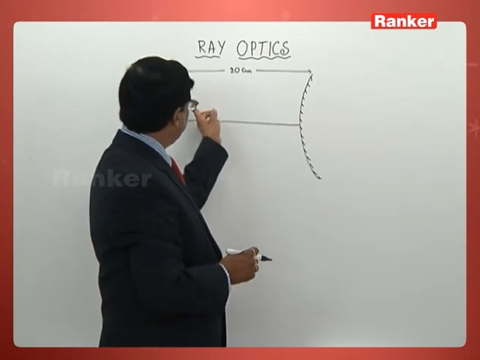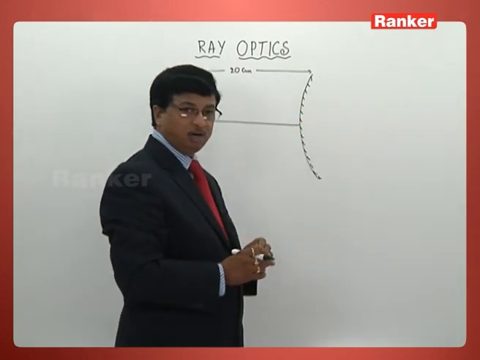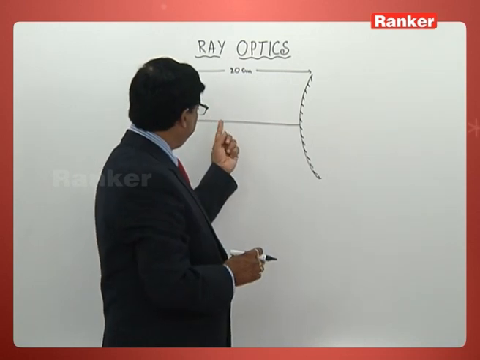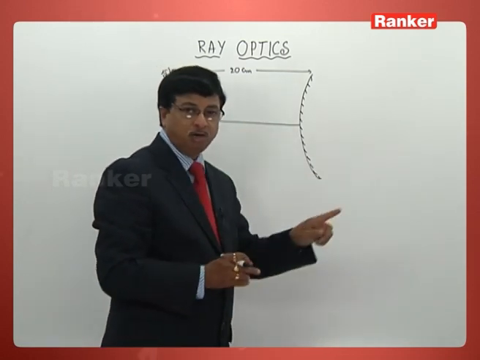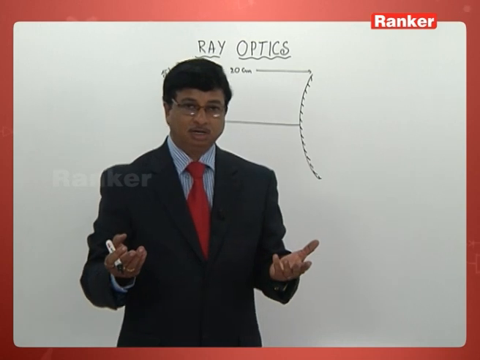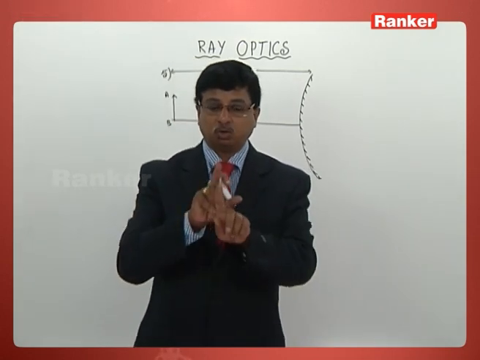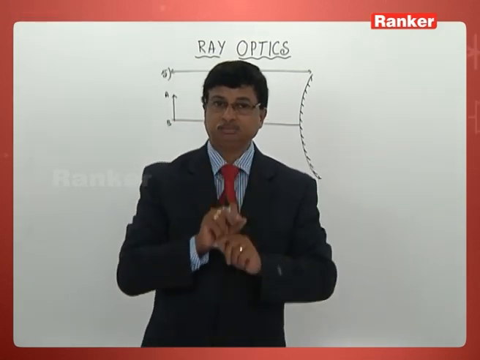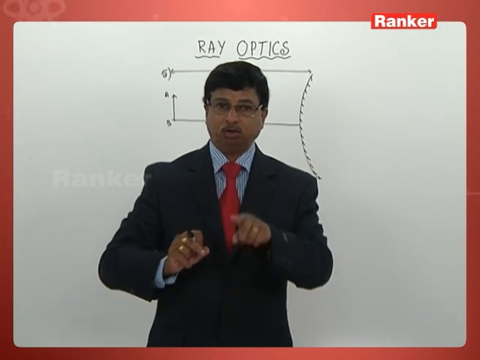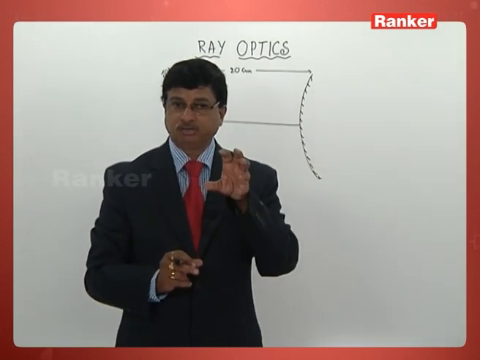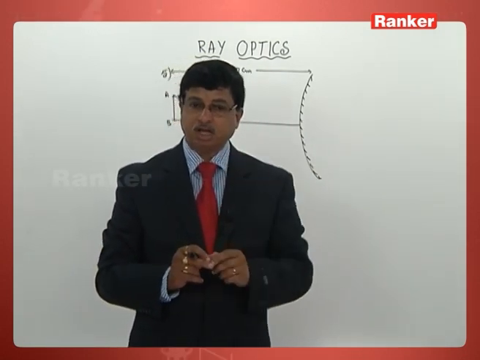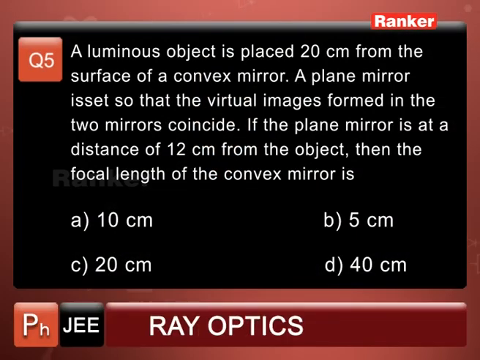The image due to this convex mirror and the image formed by the plane mirror, both are no doubt virtual and both are coinciding with one another. I read out the second sentence once again, try to understand the concept behind it: a plane mirror is set so that the virtual images formed in the two mirrors coincide.